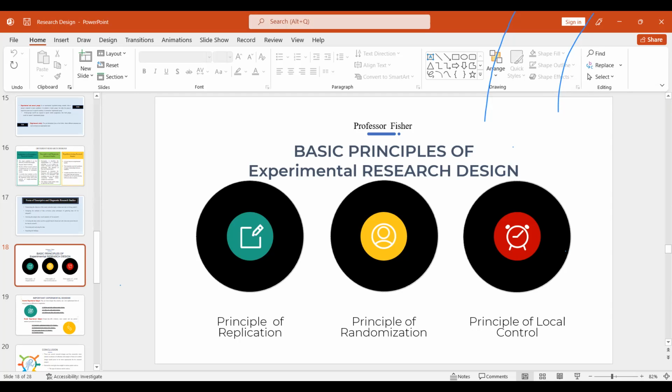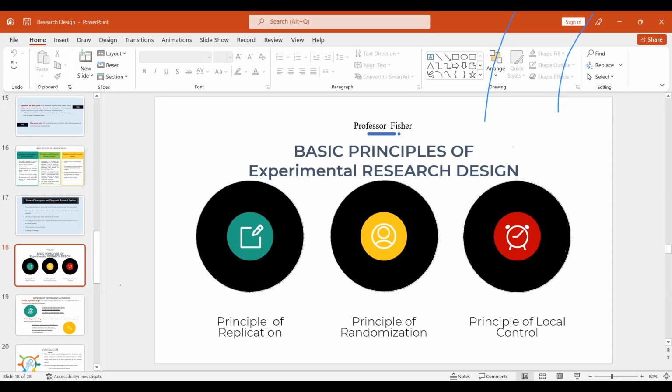For instance, if we grow one variety of rice in the first half of the field and the other variety in the other half, then it is just possible that the soil fertility may be different in the first half in comparison to the other half. If this is so, our results would not be realistic.